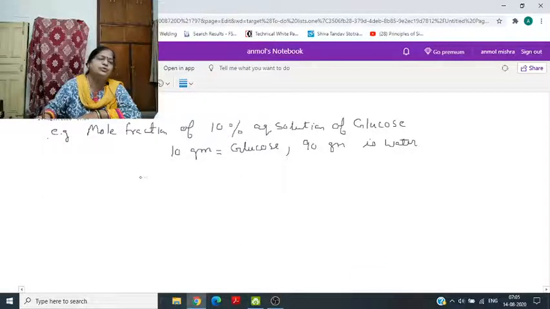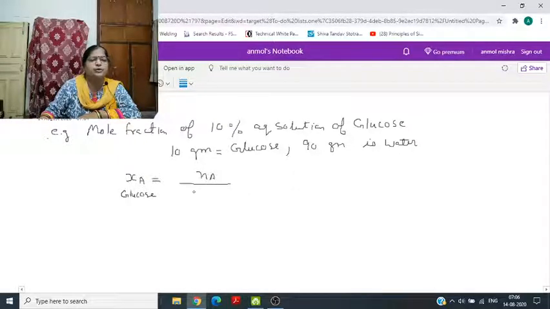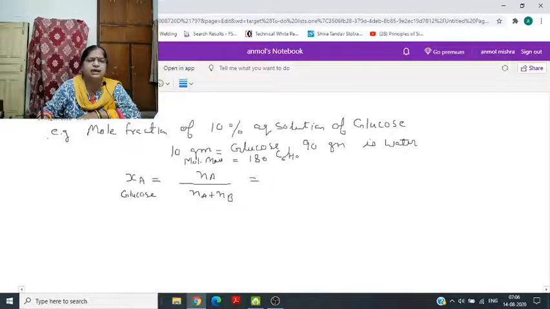The formula you already know, XA is equal to Na upon Na plus Nb, where A here is glucose. The molecular mass of glucose, C6H12O6, when you calculate, is 180.